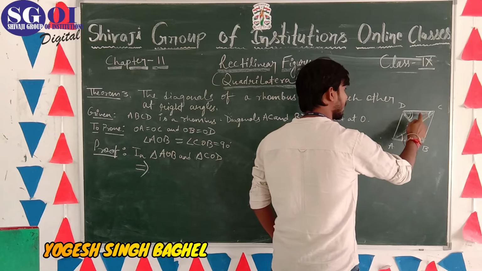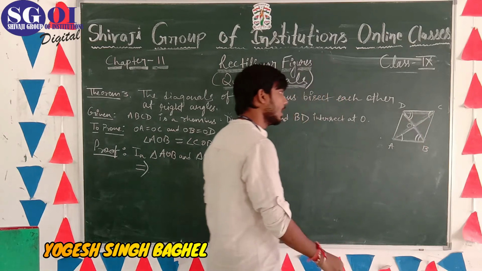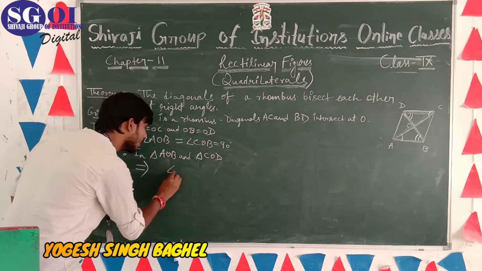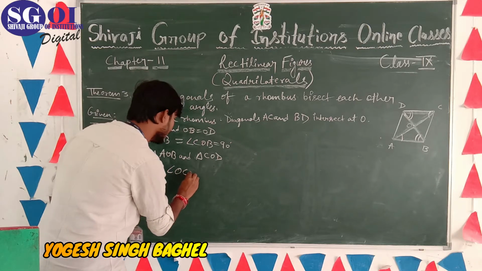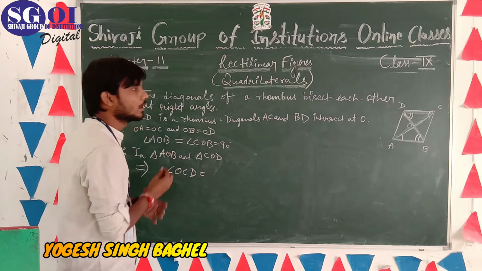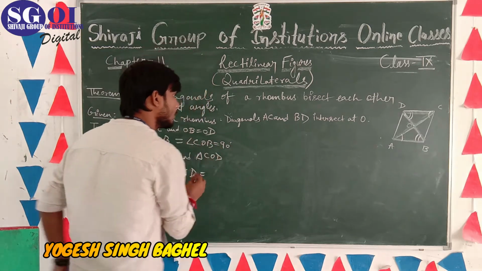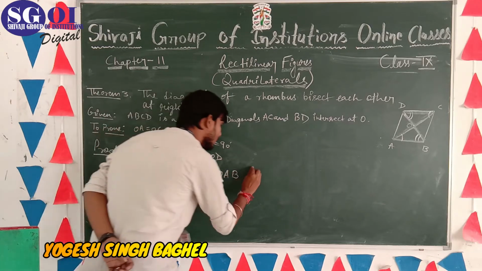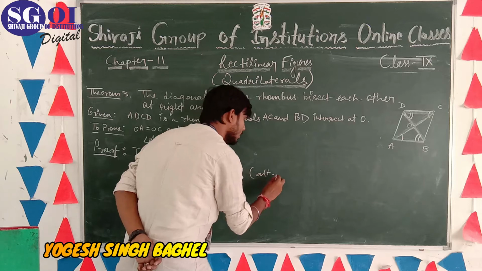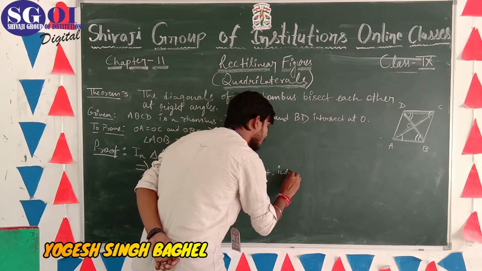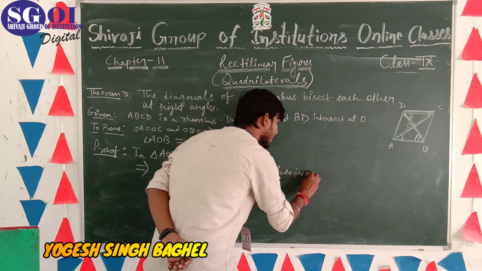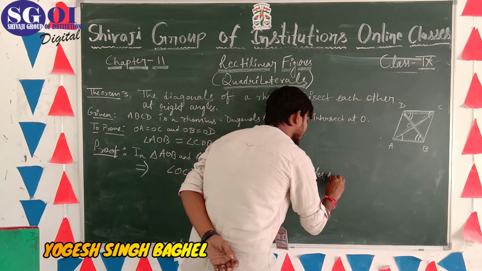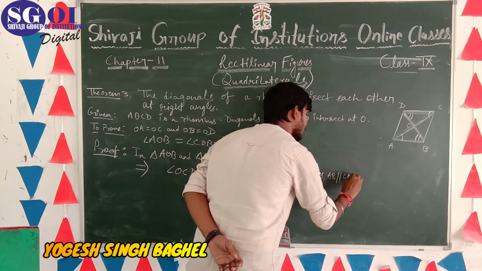So by alternate interior angles being equal, we can write angle OCD is equal to angle OAB, alternate interior angles, because AB is parallel to CD.